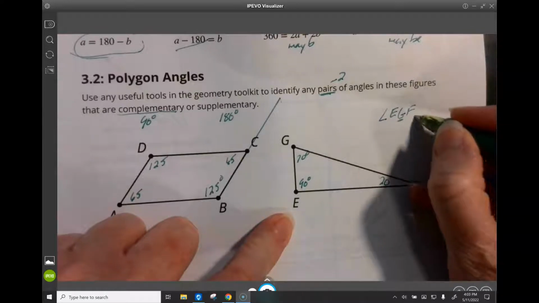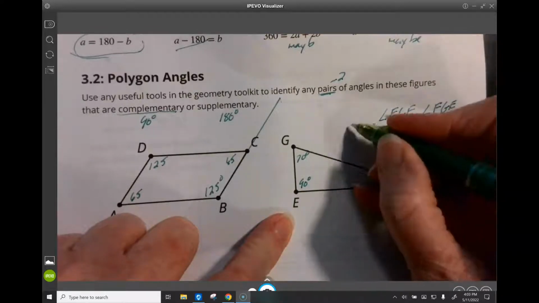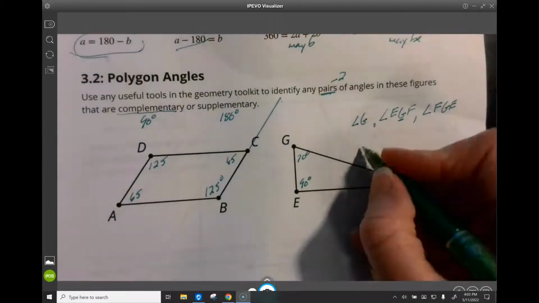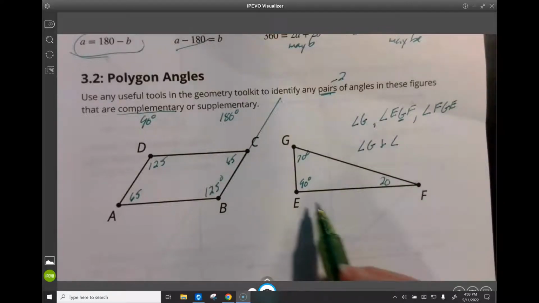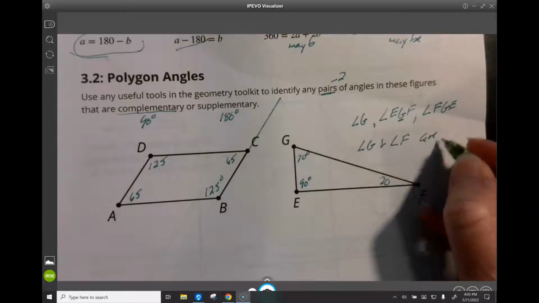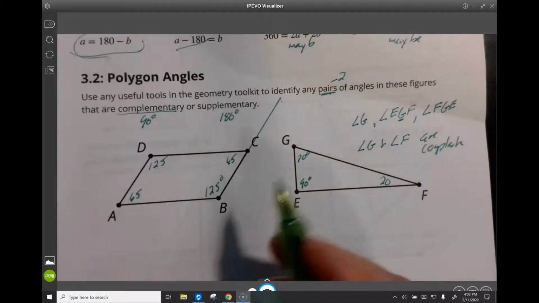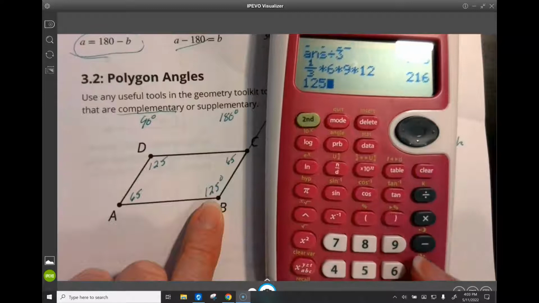So we could also call it angle FGE, or we could call it angle G. All of those mean the same thing. So angle G and angle F, or I could have called it EFG, you get the point, are complementary because they add to 90 degrees. Now, what about this? If I take 125 plus 65, do I get 190?